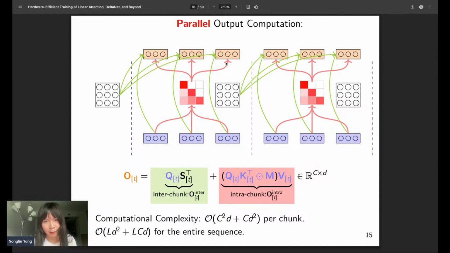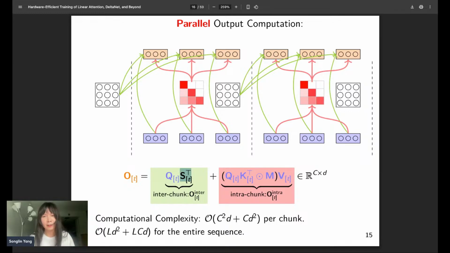And since we have multiple queries in this chunk retrieving an output from the same recurrent state, this is like a batched computation. So we can batch in the query sequence dimension to have a matrix multiplication. The first term is of size C by D, and the second term is D by D. So we can rewrite this process as a matrix multiplication. This is the inter-chunk contribution: we compute the output contributed by the previous context.